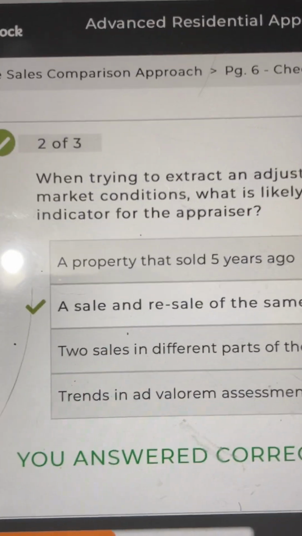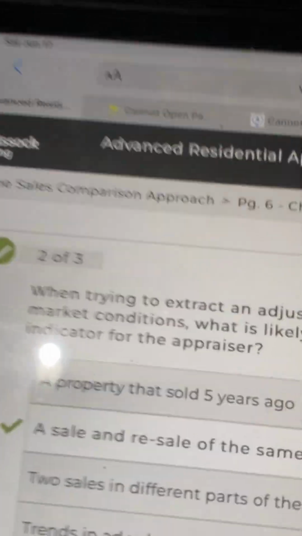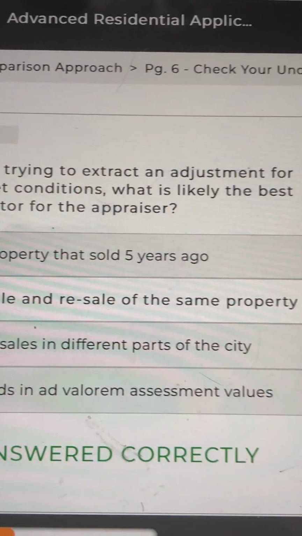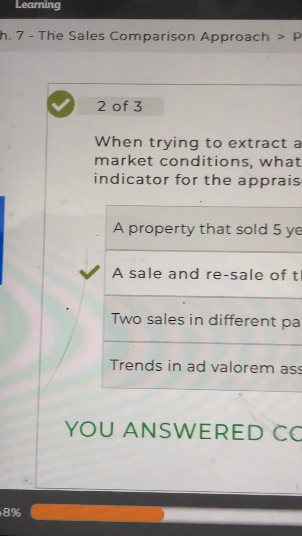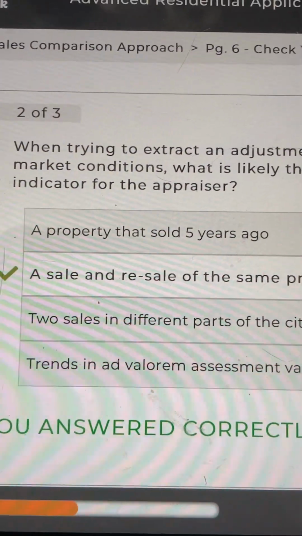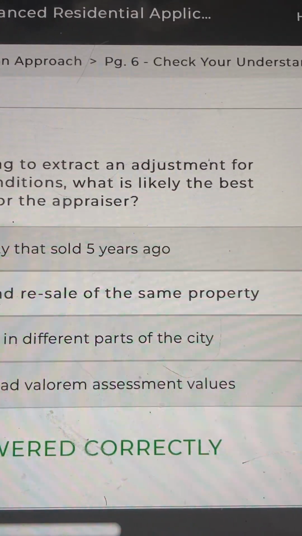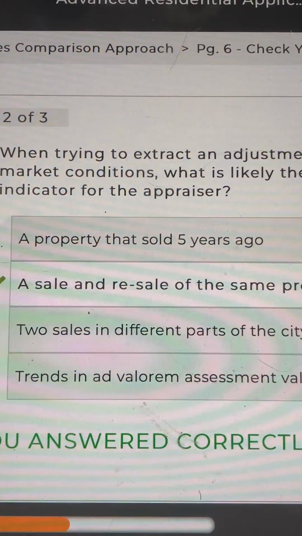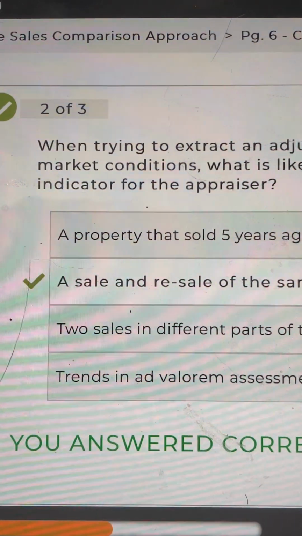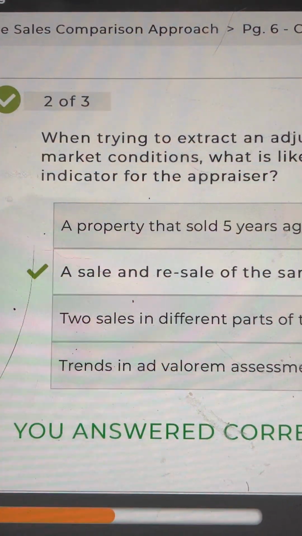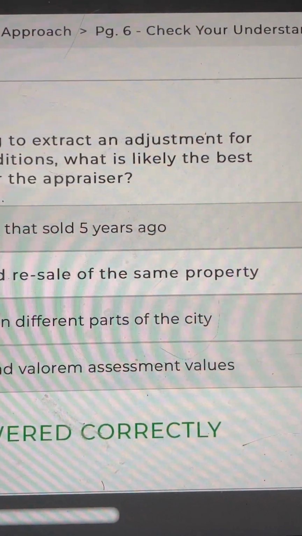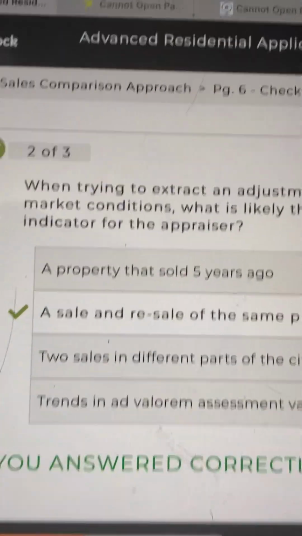Number two, when trying to extract an adjustment for market conditions, what is likely the best indicator for the appraiser? You said a sale and resale of the same property, and that is correct.